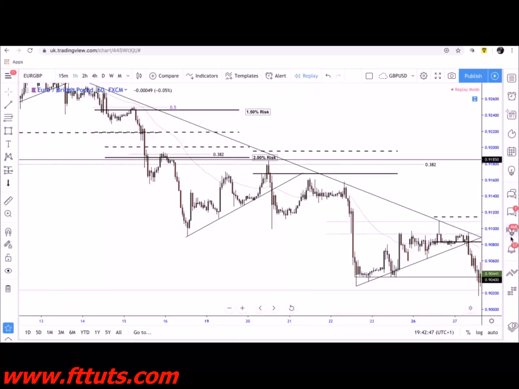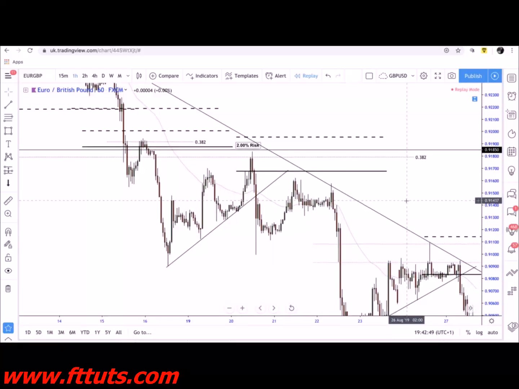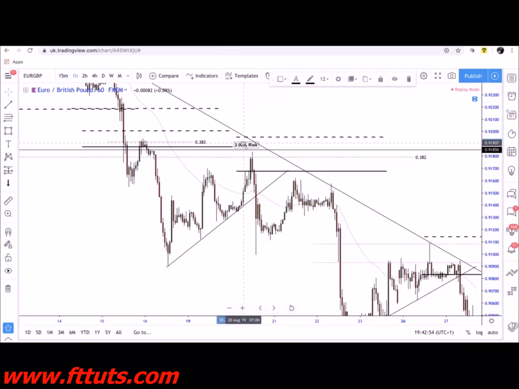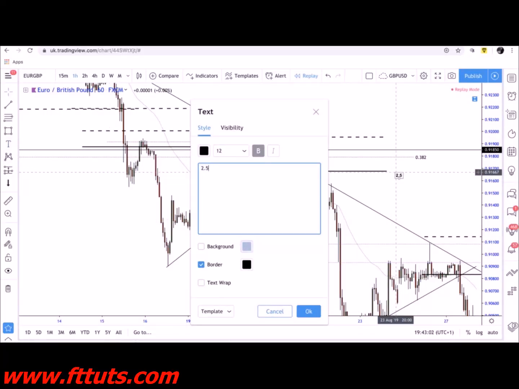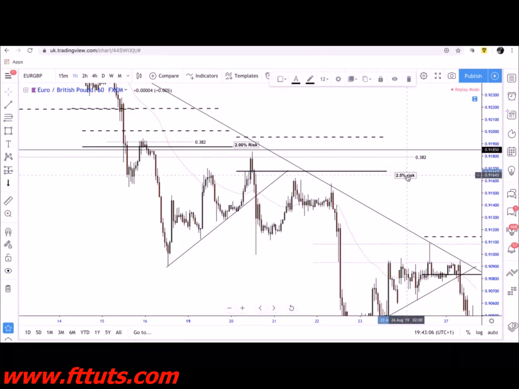I know it's looking a bit confusing because there are so many labels and stuff like that, but this black line is our next entry. Okay, so then we can go in on this with 2.5% risk because we've locked in even more profit here. So we can go with 2.5% risk on this next entry. Okay.